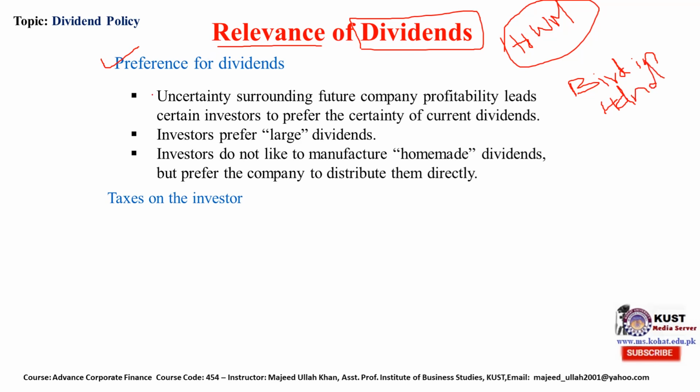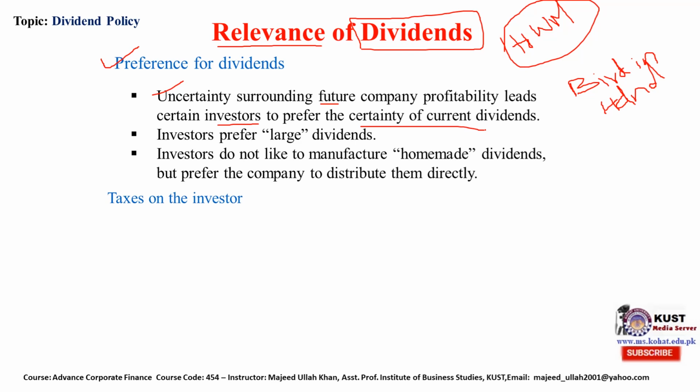The bird in hand theory works because uncertainty surrounding future company profitability leads certain investors to prefer the certainty of a current dividend. So certain investors believe that the future is uncertain and they prefer receiving some amount in the current period rather than leaving the investment in uncertainty.